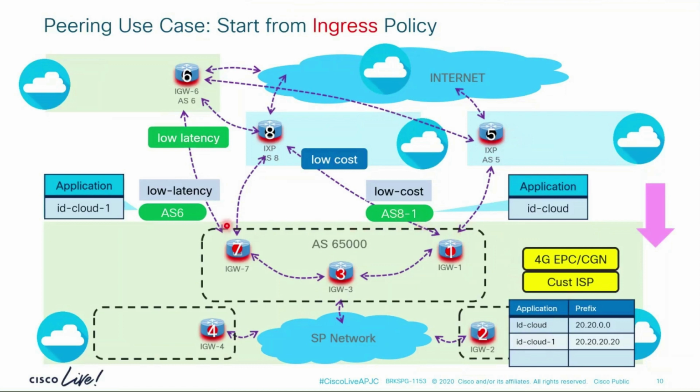For any other incoming, or ingress, Internet traffic, it will select the low latency peer link, the AS6. You would like to have a capability to control it very simply and easily.